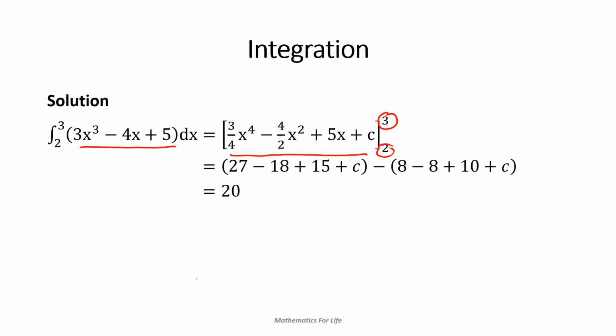And therefore, the working from that gives us the result being equal to 20. So therefore, our integral of 3x cubed minus 4x plus 5 for the limits of x equals 2 and x equals 3 will be equal to 20.